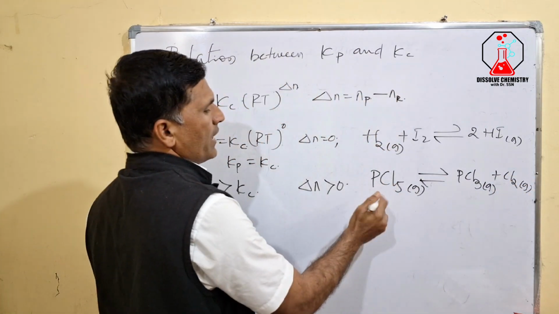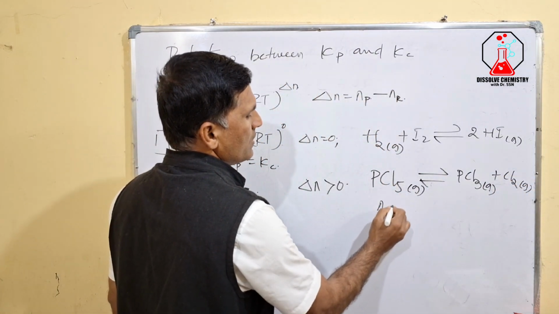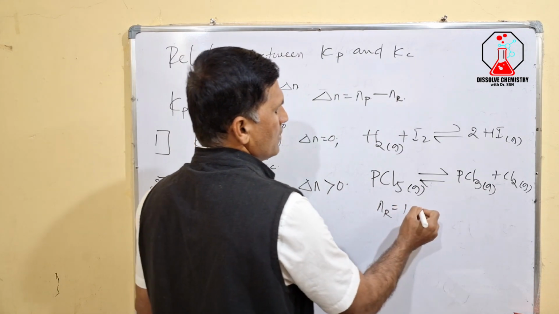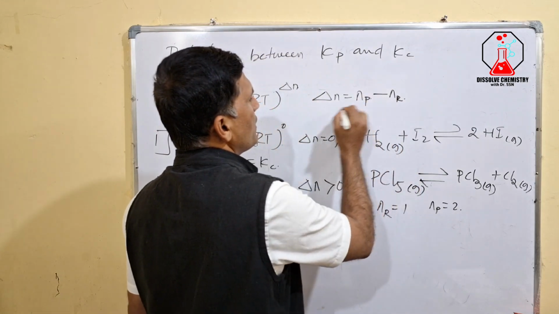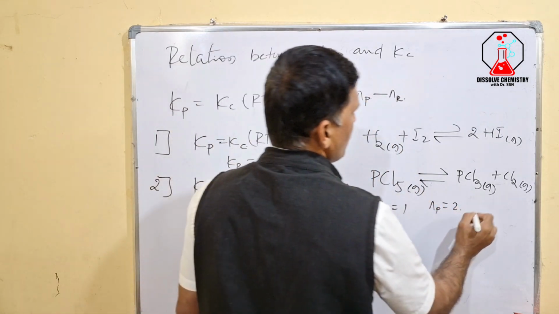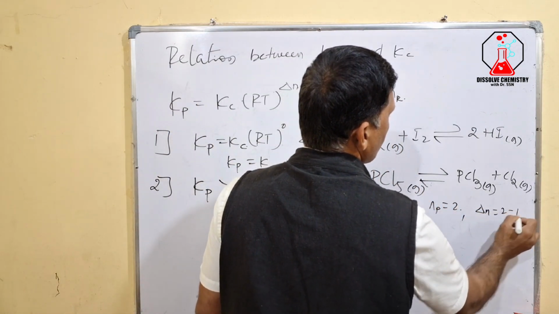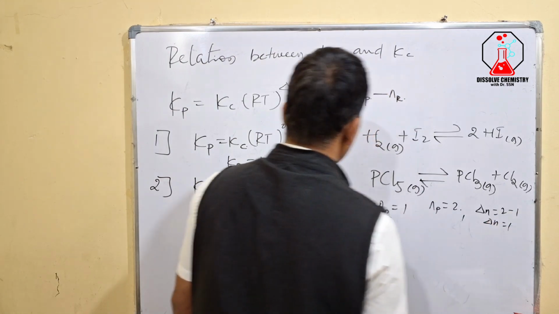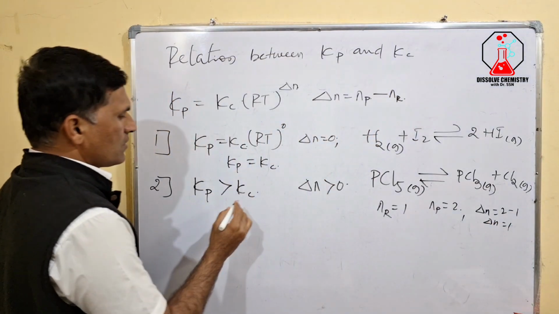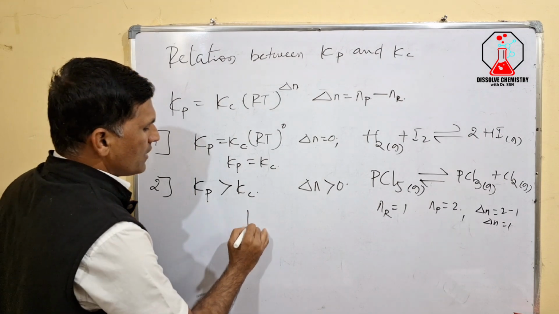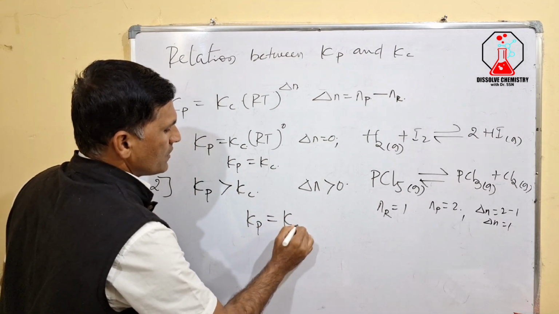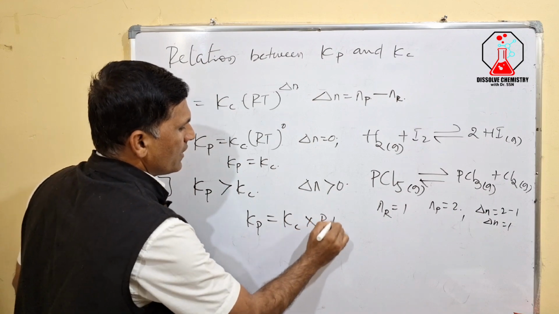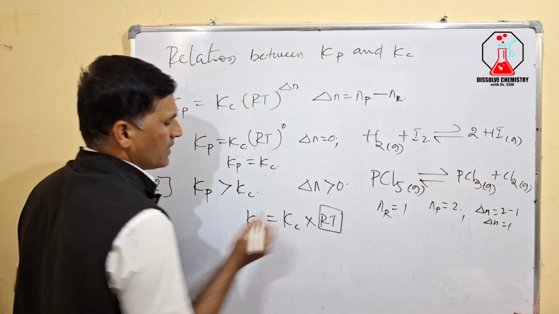So now Np and Nr: number of moles of reactants is 1, number of moles of products is 2. So Np minus Nr, delta N, is equal to 2 minus 1, so delta N is equal to 1. If we substitute, we get Kp greater than Kc, with Kc into RT. With the term RT it is greater.